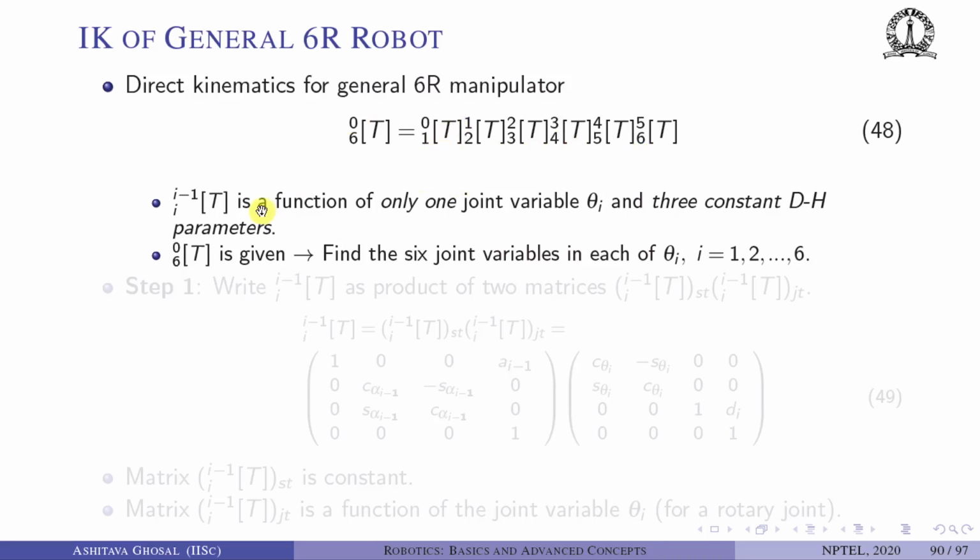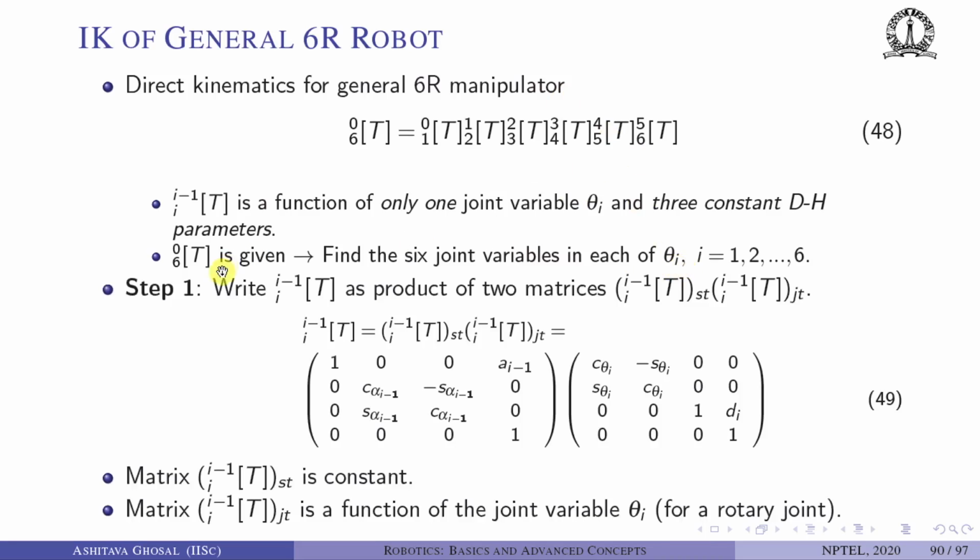Each of these link transformation matrices, say i minus 1 to i, is a function of only one joint variable theta i and 3 constant DH parameters. This we know. So what is the inverse kinematics problem? The left hand side is given and we need to find the 6 joint variables, each theta i, in these transformation matrices.